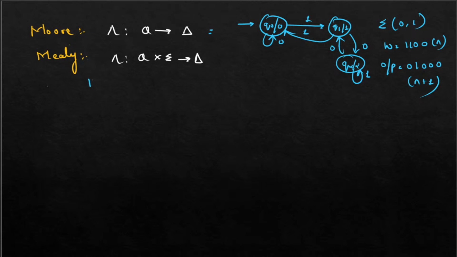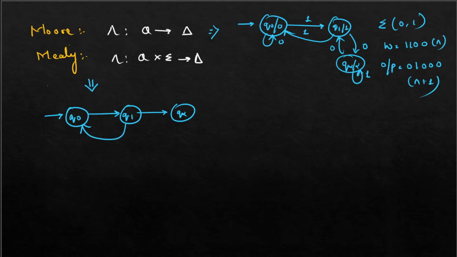Now let's talk about Mealy. Mealy is like this: Q0, Q1, Q2, and the transitions are like this.